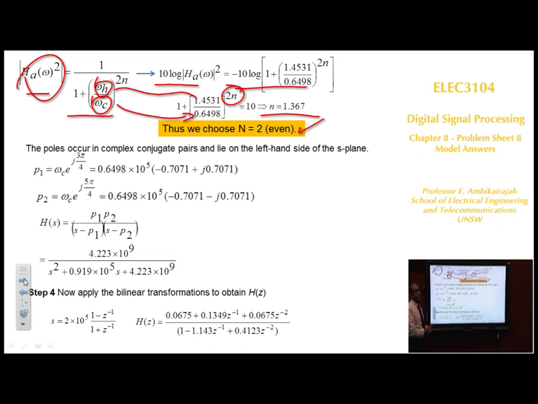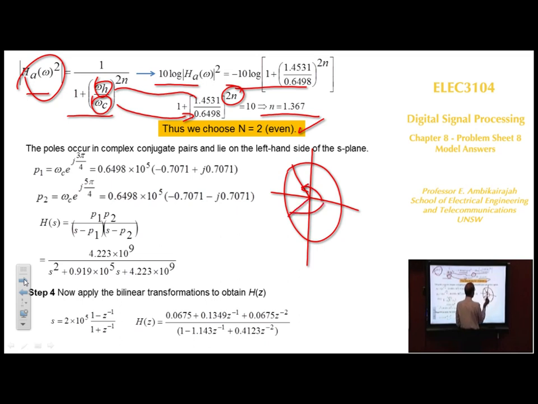A second order filter is very easy to find the pole positions for, which we have done previously. It will be 3 pi over 4 from here, and that's one. There are two positions you will have for the second order filter. The first position is that one, and the second one is that one.